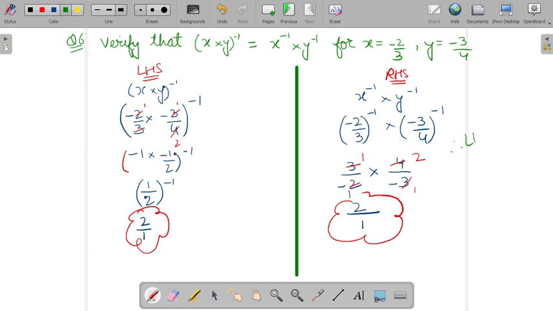Therefore LHS equals RHS. In this question it is equal. Hence verified. As LHS and RHS both of them are coming as 2 upon 1, both the sides are equal, and therefore we have verified the question also. That's all for today. Thank you and have a nice day.